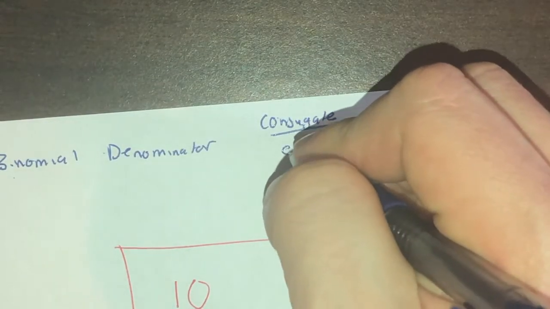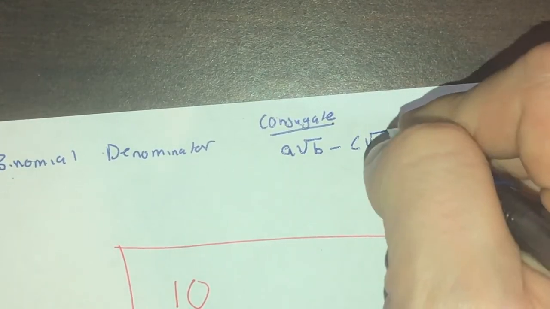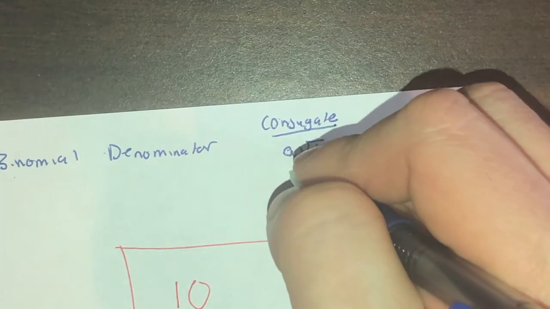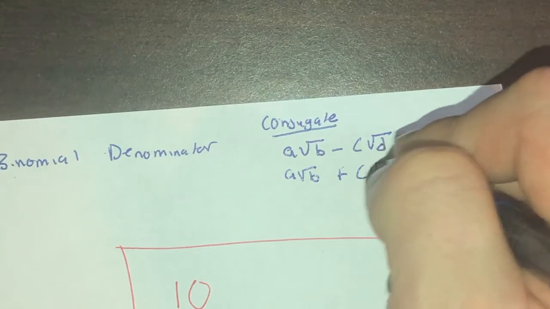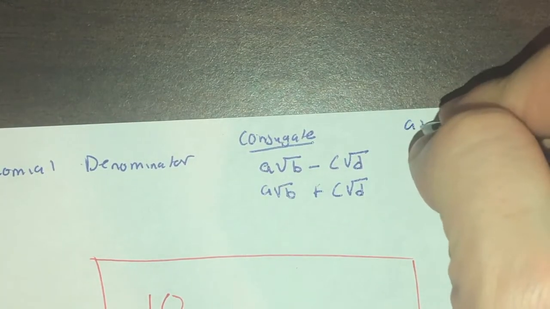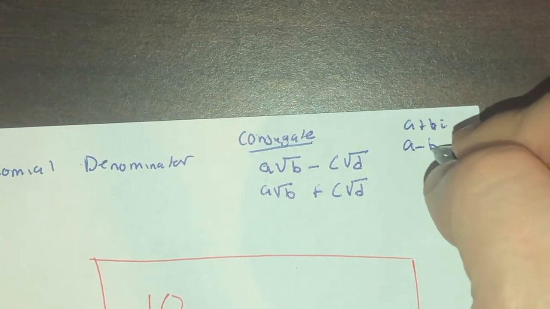So if I have A times the square root of B and C times the square root of D, okay? The conjugate is going to be, all you do is you just flip the sign in the middle, just like with imaginary numbers. Remember, when we had A plus BI, it would be A minus BI.